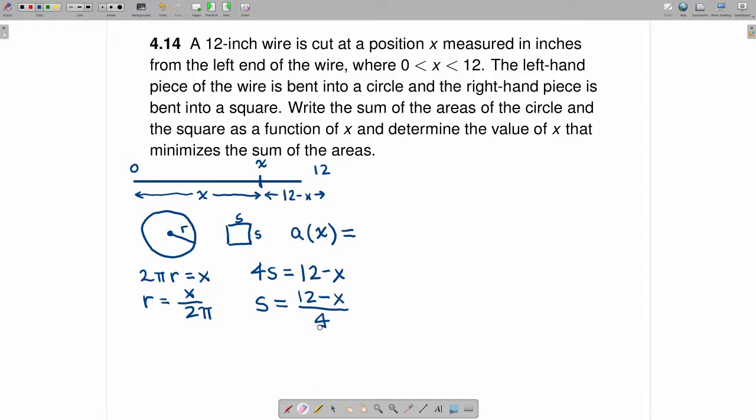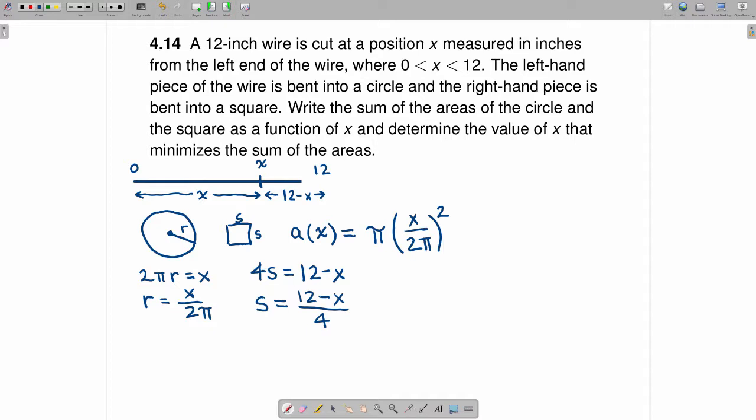Now, at this point, what we're going to do is try to write the function for the area. If we know the radius of the circle is this, then what is going to be the area? Well, the formula for the area is pi times the radius squared, and we know the radius is x over 2 pi. Now on to the square.